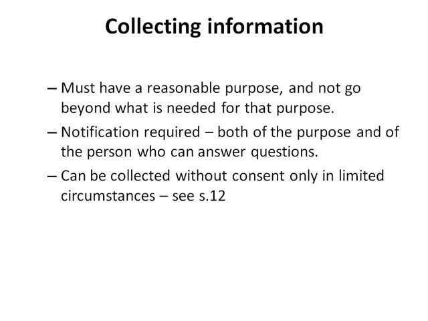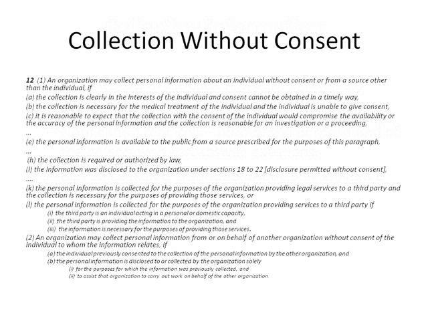But Section 12 of the Act sets out the circumstances in which you can collect information without the consent of the individual. And the wording here, the print is very fine, so I don't know if you can see it, but it says essentially that an organization can collect personal information without consent or from a source other than the individual.